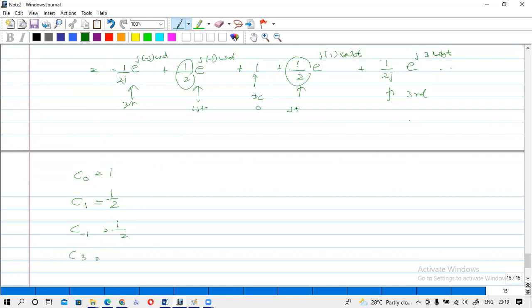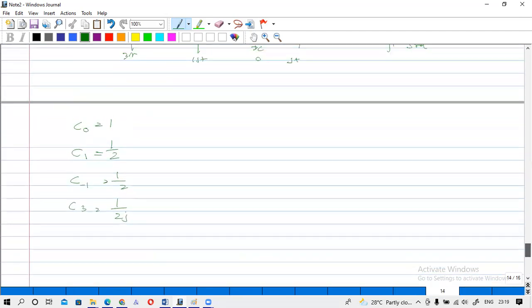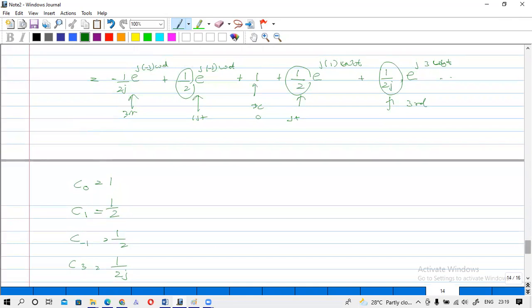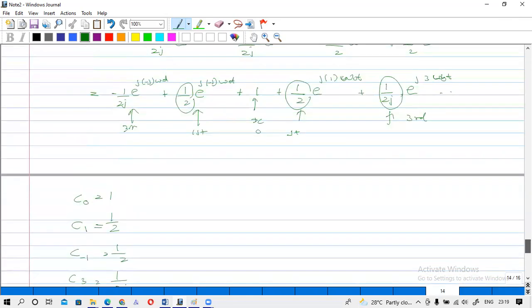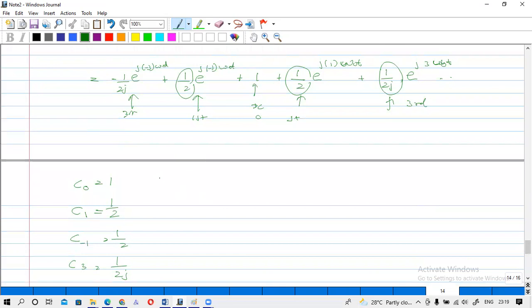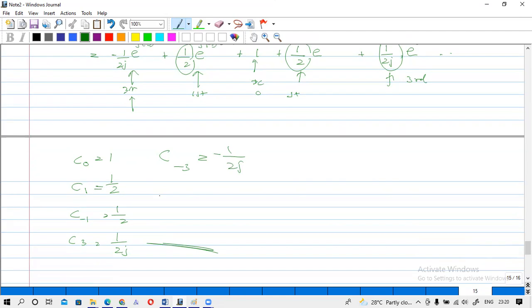C3 is there, with coefficient 1 by 2j, and C minus 3 is also there, that is minus 1 by 2j. So these are the coefficients. I hope you get it.